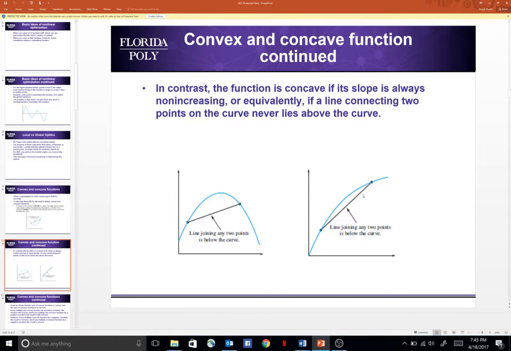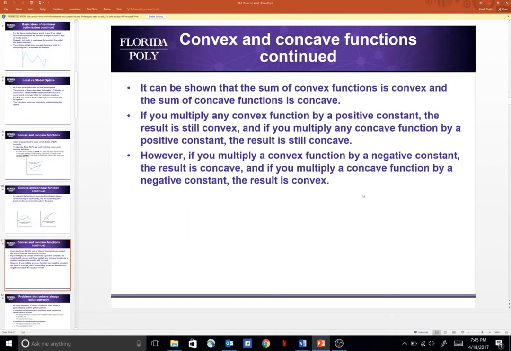All right, and there are different rules and assumptions that we can apply. For instance, the summation of convex functions is convex, and the sum of concave functions is concave.